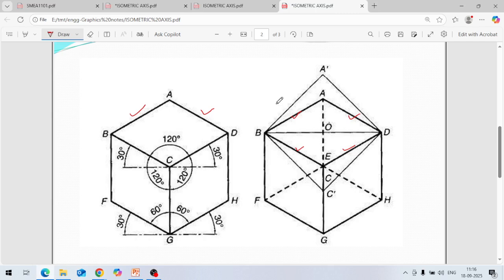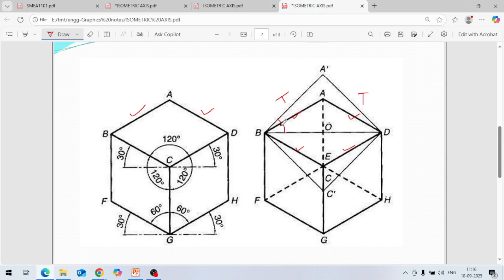Whereas if you see here, this BA dash and A dash D, these are true lines. This is a true line, this is also a true line. A true line means it is at an angle of 45 degrees from the horizontal, like this. So this line is a true line and this line is an isometric line.